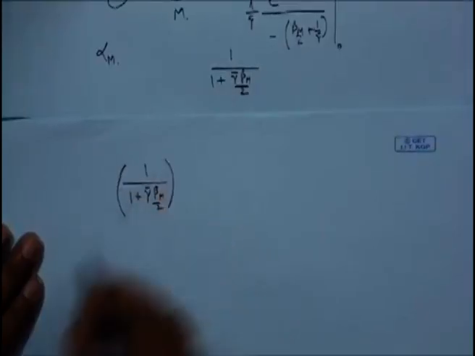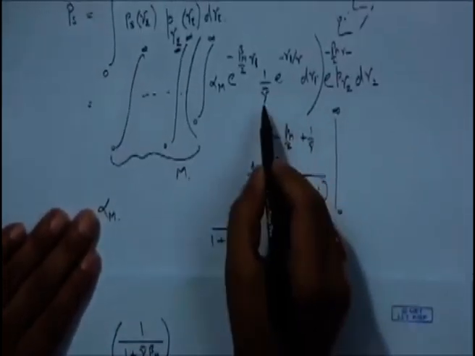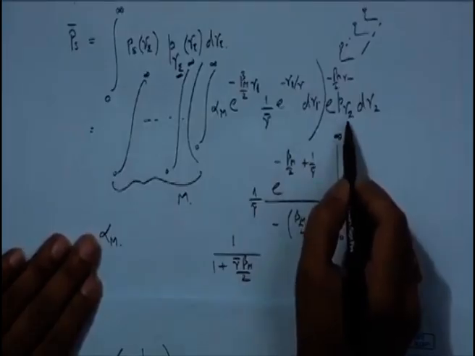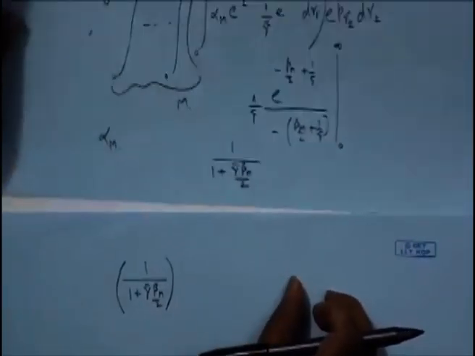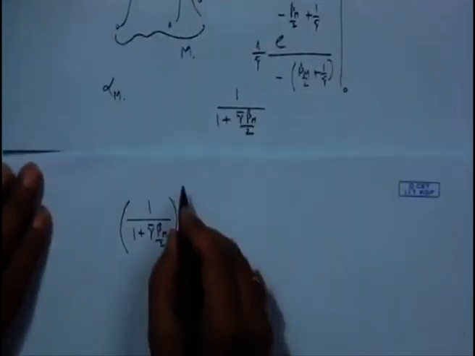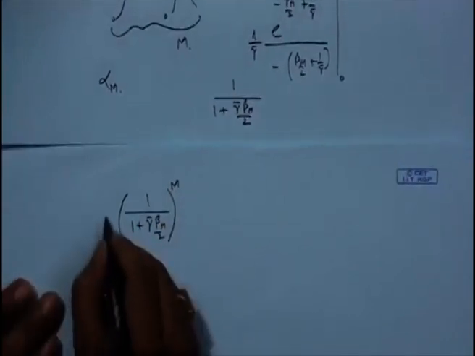This is the result of one of the integrals, and since all of these gammas are identically distributed, we will get those factors multiplied with each other. Effectively, what we get is this raised to the power of m, because there are m such integrals.